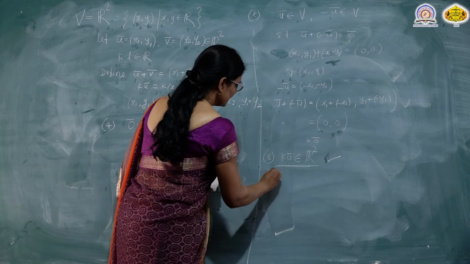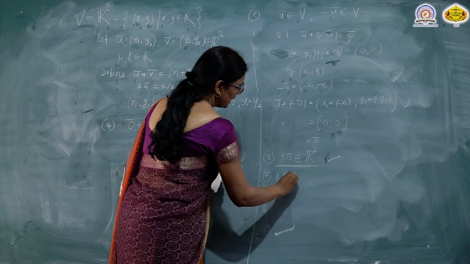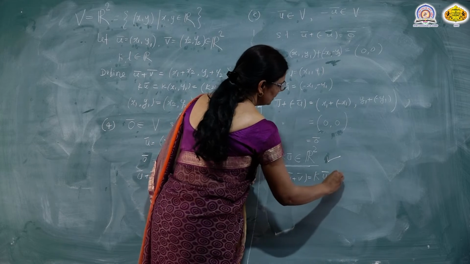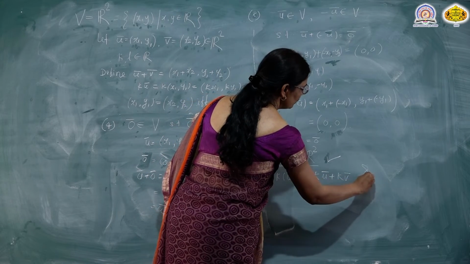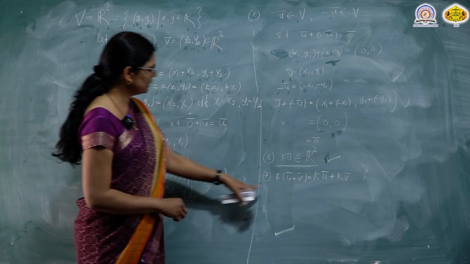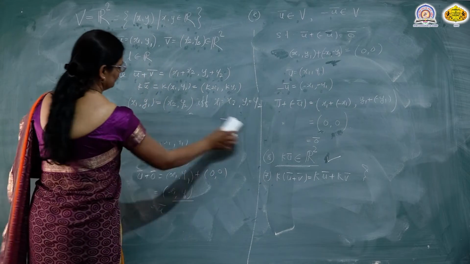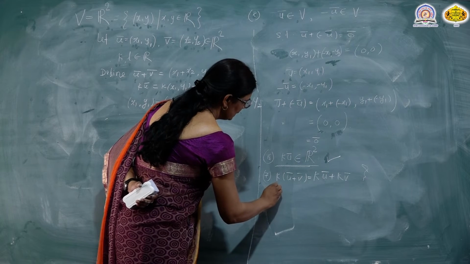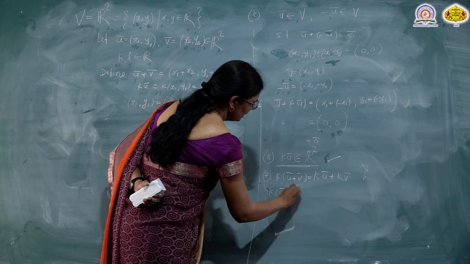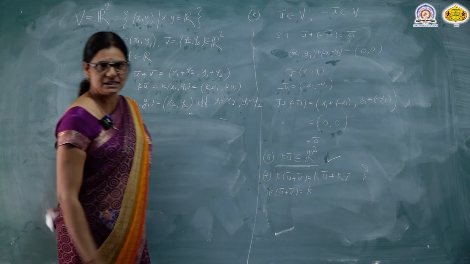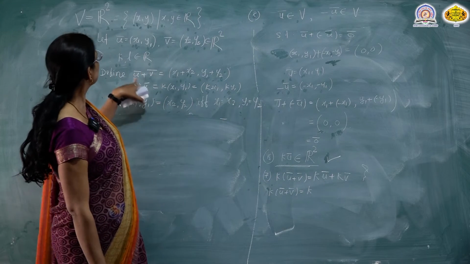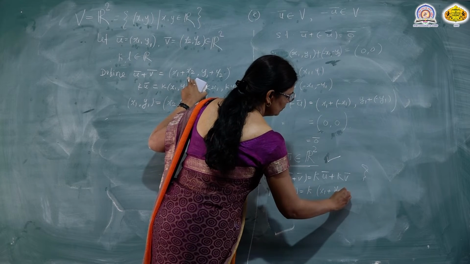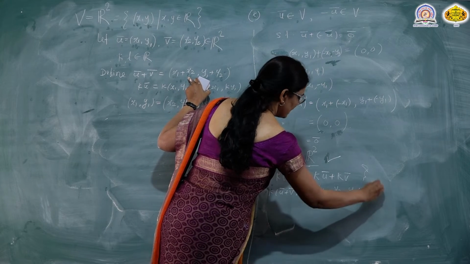So the scalar multiplication is closed in R2. Now the next property is the seventh one. We want to prove that k times (u bar plus v bar) is the same as k u bar plus k v bar. Starting with this one, we consider k times (u bar plus v bar), which is the same as, keeping the k as it is, putting in the value of u bar plus v bar, the addition of these two vectors, (x1 plus x2, y1 plus y2).